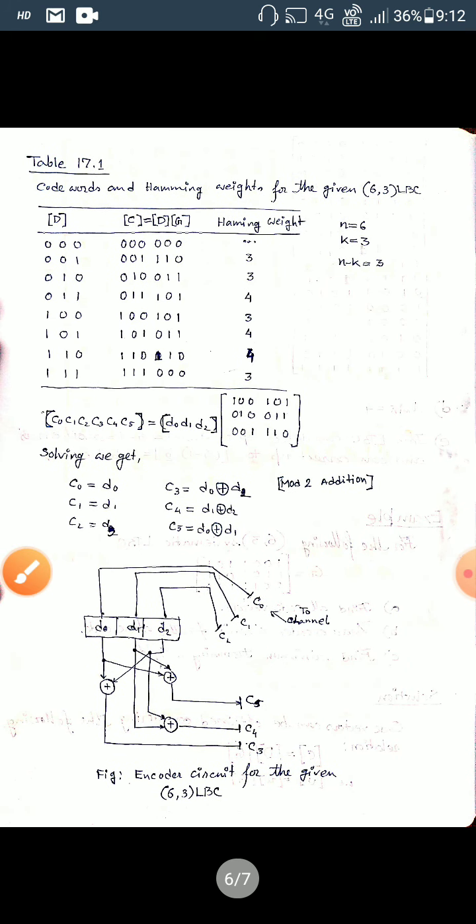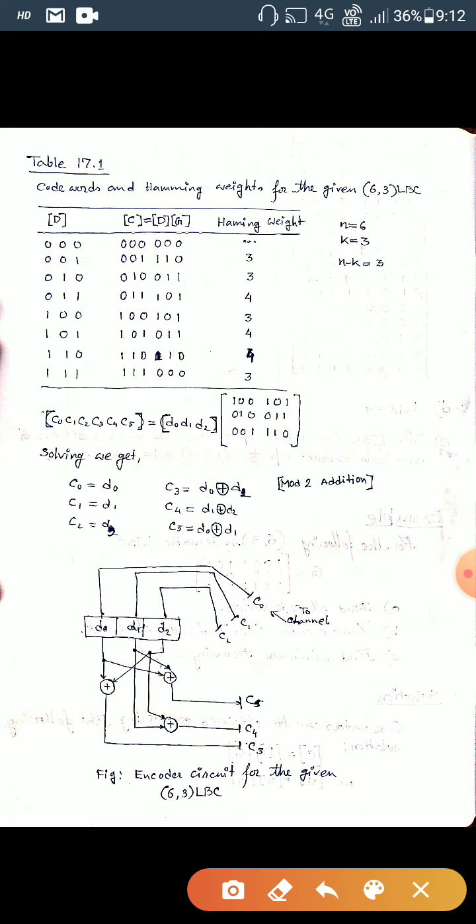From here you can identify the Hamming weight. For the first one, every bit is 0, so you do not consider it. For the second one, the number of ones is 3, so the Hamming weight is 3. For the third one also the number of ones is 3, so the Hamming weight is 3.